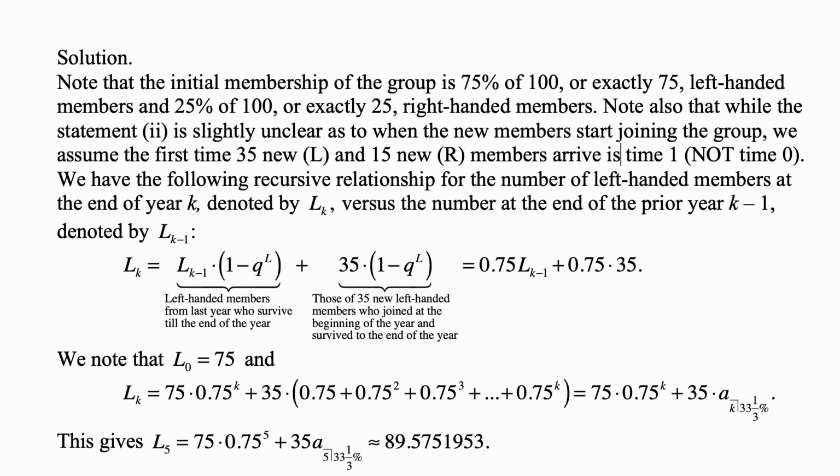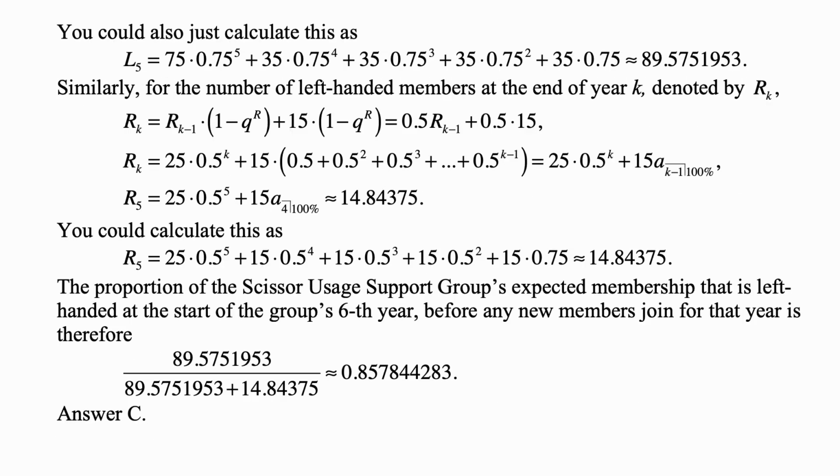And this gives L5 to be 75 times 0.75 to the 5th plus 35 A angle 5 at 33.33%. And that's equal to approximately 89.5751953.